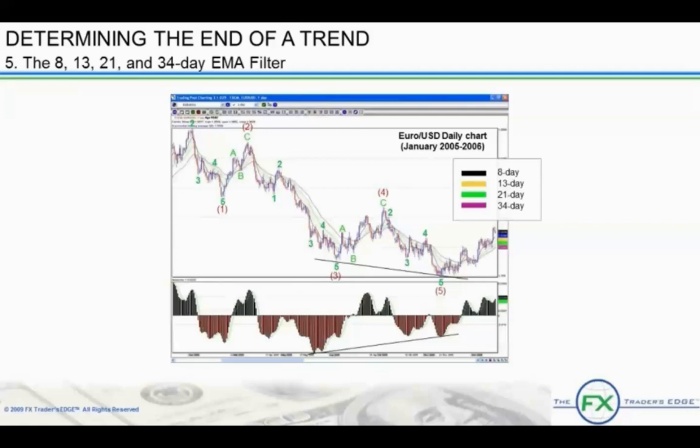You are now very familiar with a 5-wave sequence and understand which waves move with the trend, waves 1, 3, and 5, and which waves move counter-trend, waves 2 and 4.